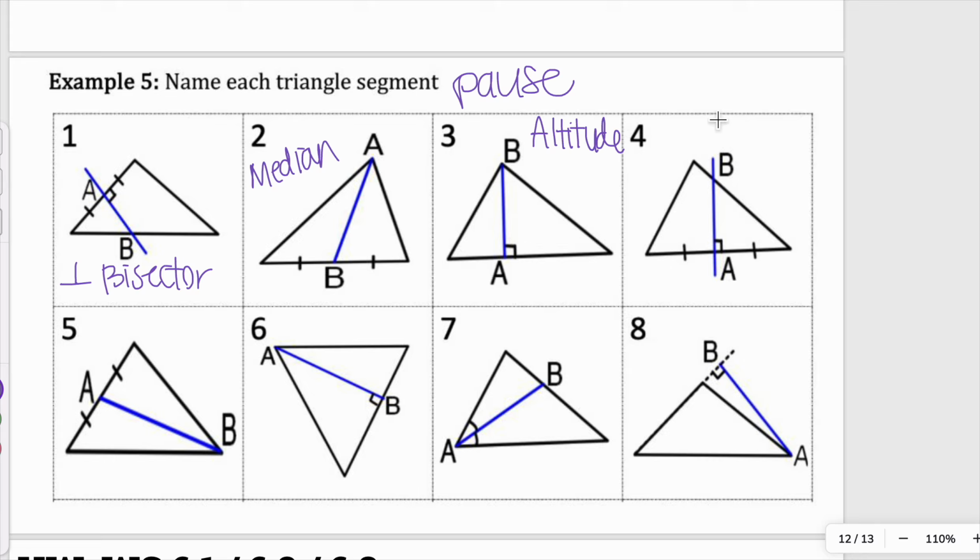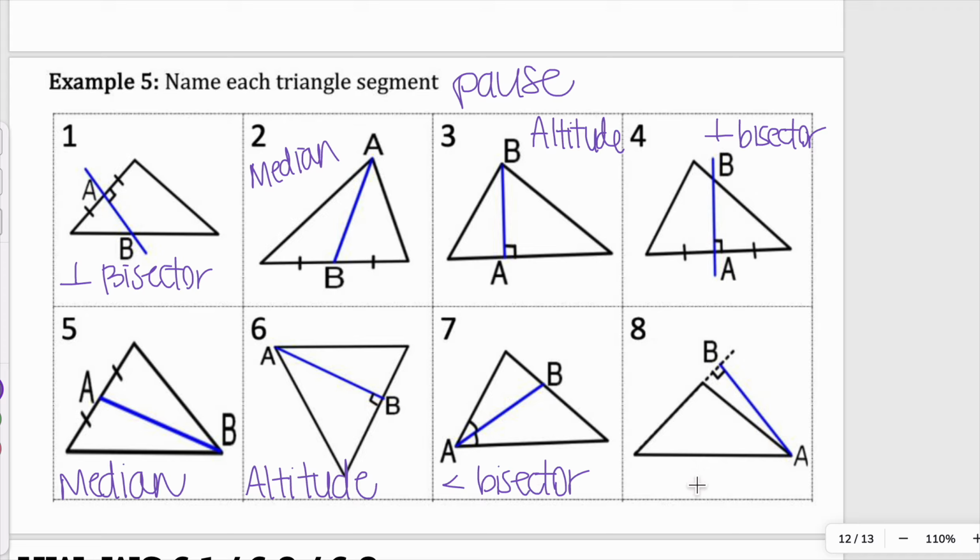Number four is a perpendicular bisector. Okay. Number five is a median. Number six is an altitude. Again, going from one vertex to the other side, opposite of it, showing that perpendicular reasoning. Number seven is an angle bisector. And then number 8 is another altitude.